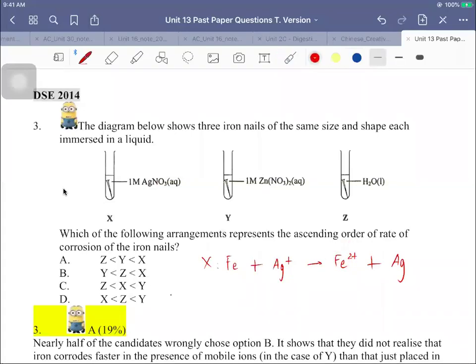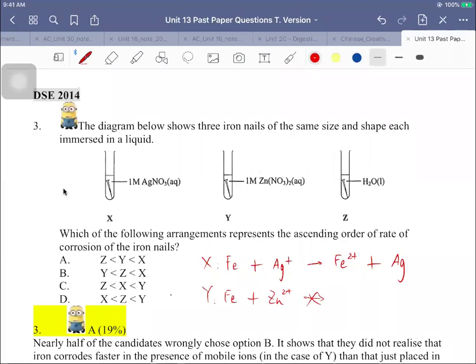But if we take a look at what's happening in Y, we have iron and we have zinc ion. Remember the reactivity series. Zinc is a more reactive metal than iron. So when we put iron into a solution that contains zinc ion, actually no displacement reaction can take place.